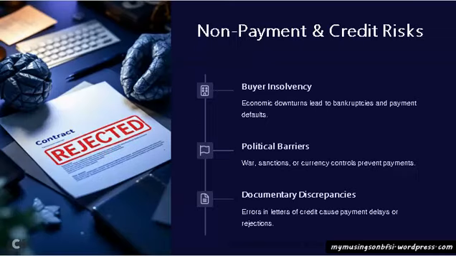The next important aspect of the financial risk is the non-payment and credit risk. Credit risk arises when a foreign buyer fails to pay due to financial distress or fraud or external barriers, or situations where it is threatening the exporter's cash flow and profitability.